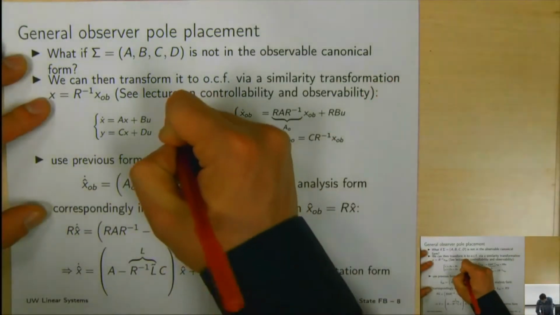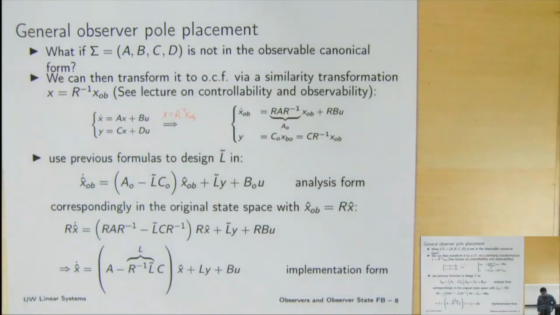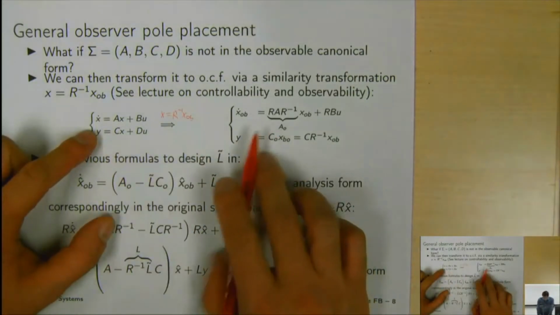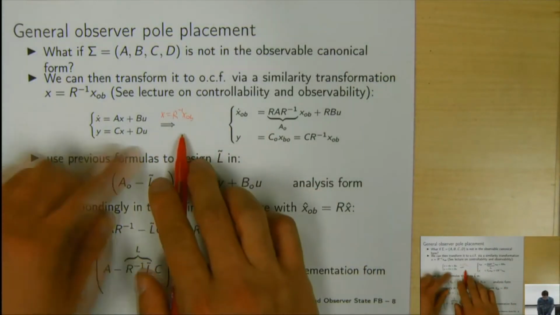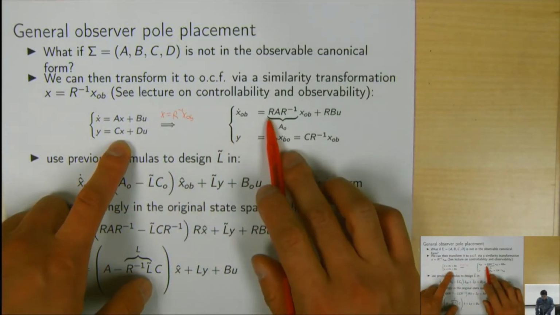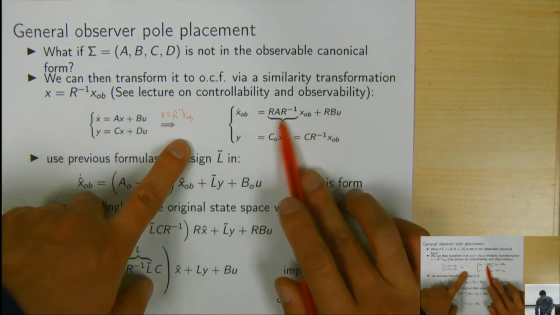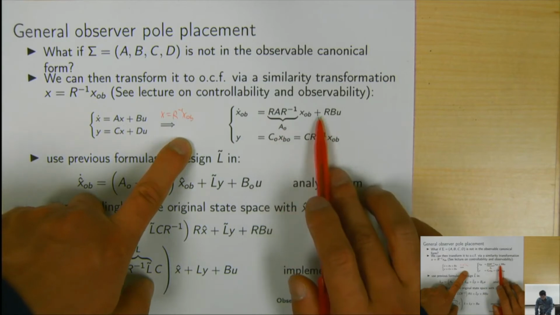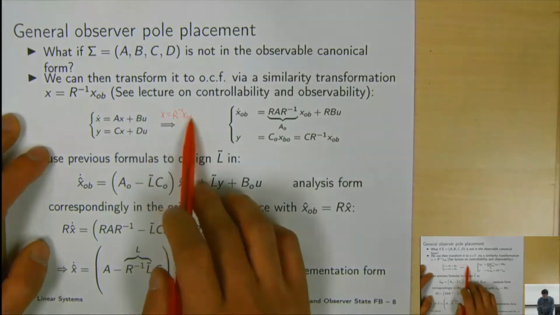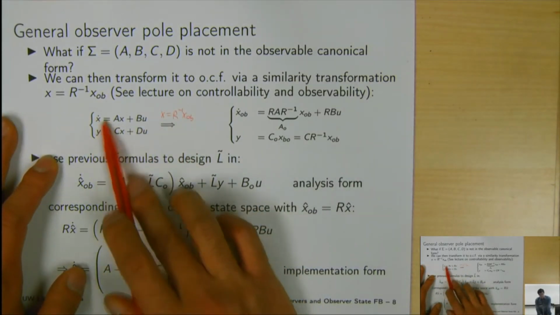Let's do x equal to R inverse x observable, x OB. So the state dynamics, after you do this similarity transform, becomes x dot OB equal to R A R inverse x OB, this is the new A matrix, plus R times B times u. Just substitute x equal to R inverse x OB here, then you're going to get the result.